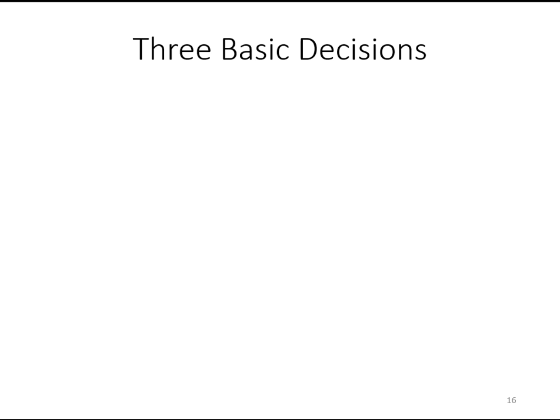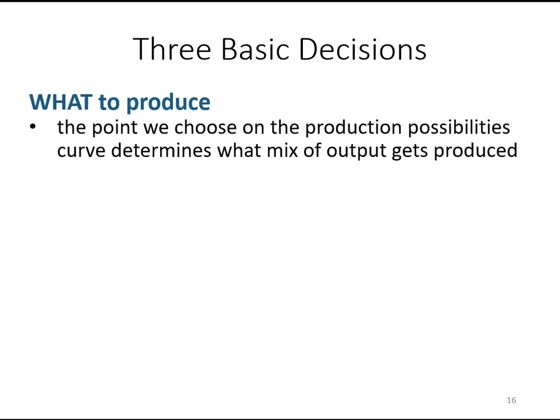So do you remember our three core issues? What, how, and for whom? In terms of what to produce, there are millions of points along a production possibility curve, and each one represents a specific mix of output. We can choose only one of these points at any time.